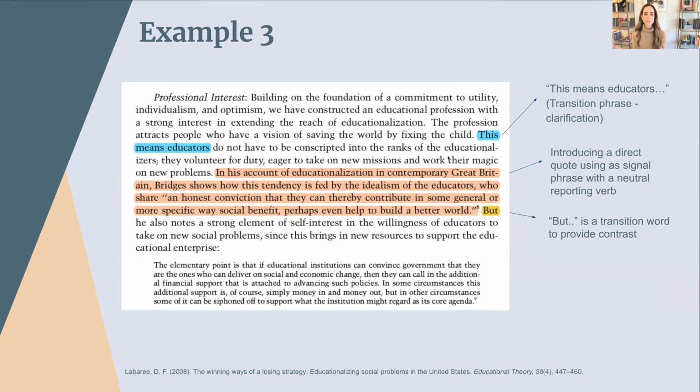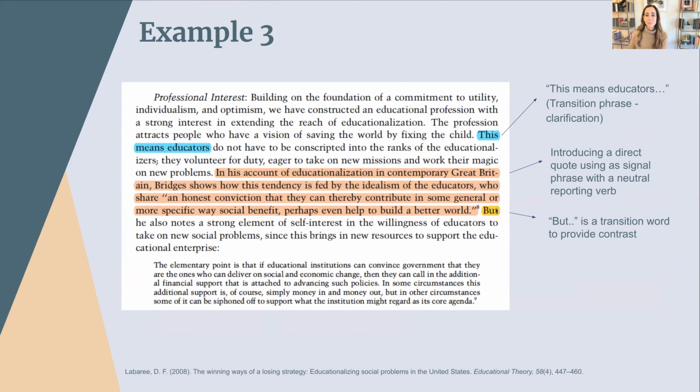This again goes back to avoiding dropped quotations. This would be an entirely different paragraph if the author had just put in a full sentence this quotation saying an honest conviction. You would immediately wonder, well, why are we hearing from this person? Why is this important? Is this person credible? So you're taking the time to introduce that quote if you're not going to paraphrase it.